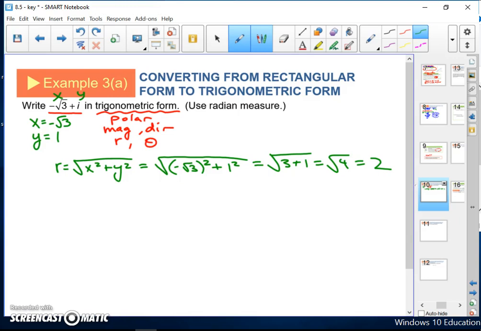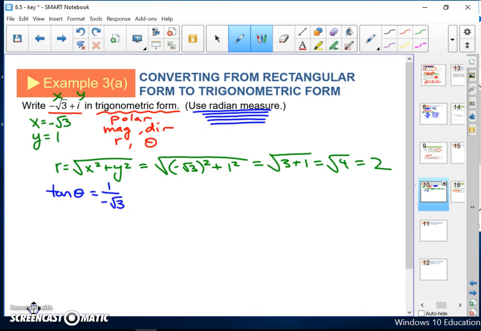Okay, so then let's find theta. Now notice they said they want us to use radian measure. Okay, tangent theta equals y over x.